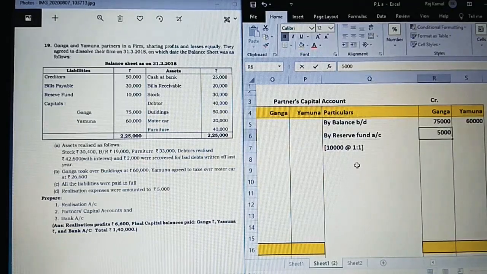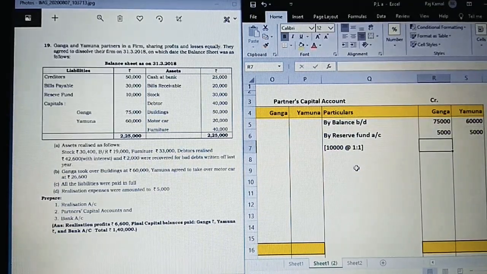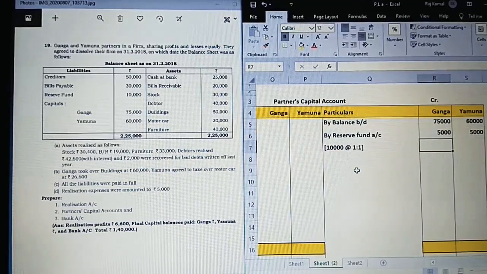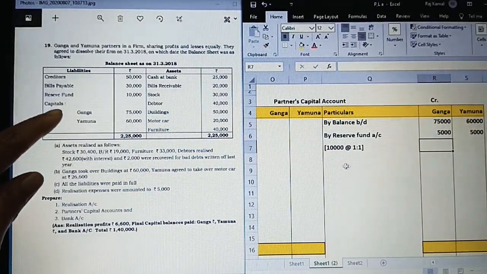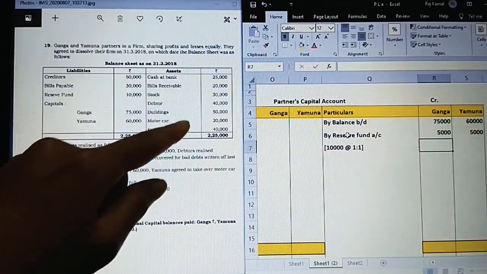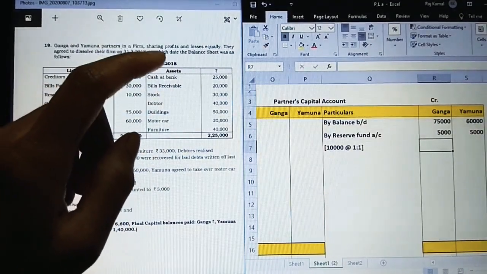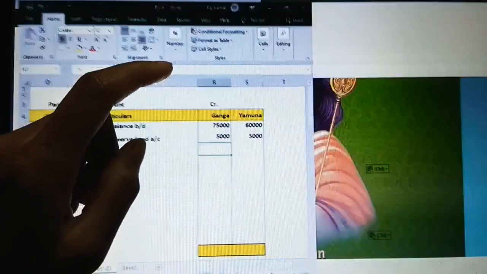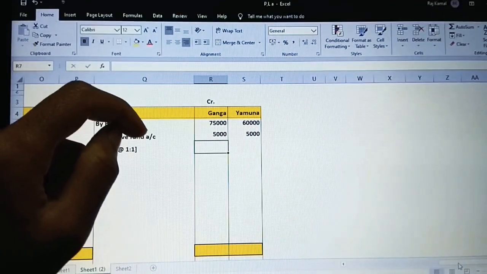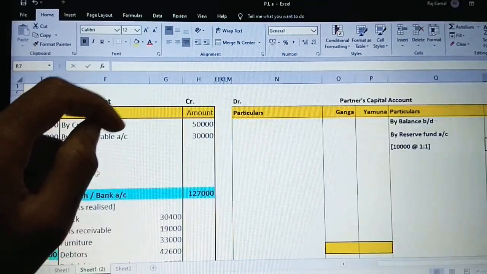So equally it is distributed, 5,000 among them each. So two items from the balance sheet we have taken. Asset side, there is no profit and loss account. Now we are going to concentrate on the realization account and check what is getting affected in the capital.